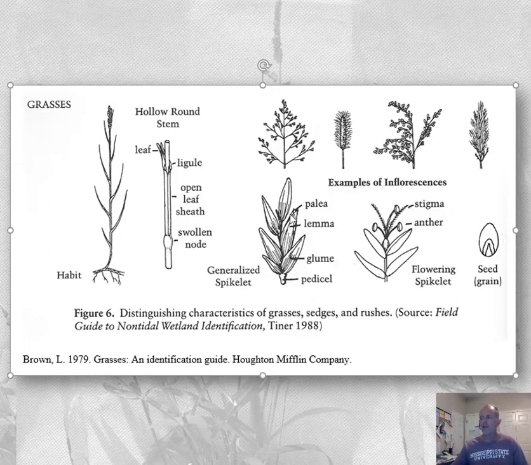And then on the other side, there's a fairly similar structure that's referred to as a palea. So in each floret, you'll have a lemma and a palea, and then down at the base of the spikelet, you have two more structures that look a lot like the lemma and palea. In some species, they're very similar.